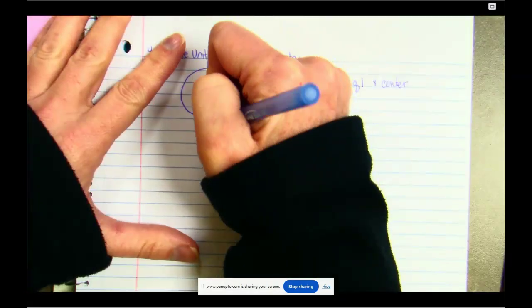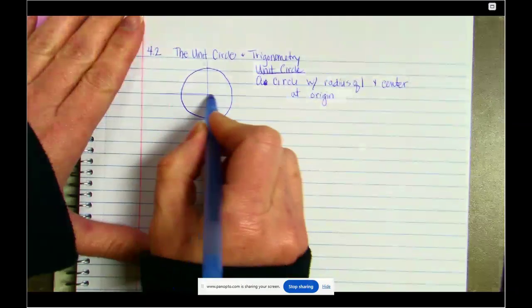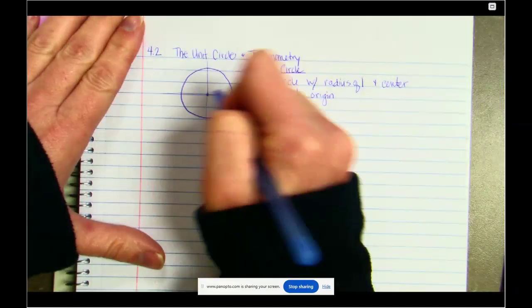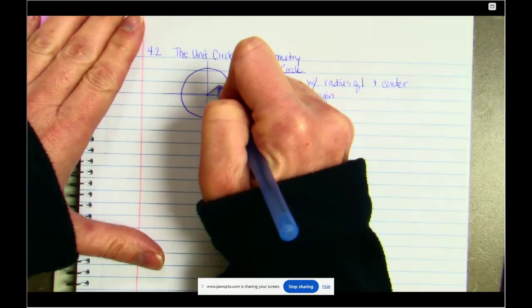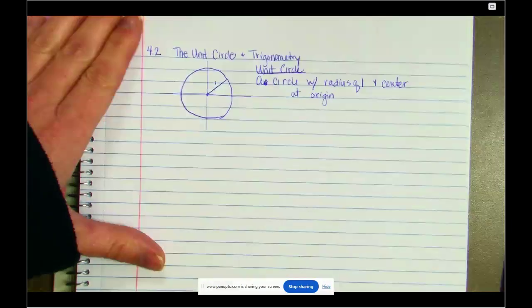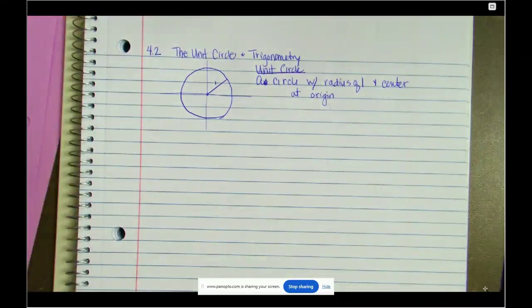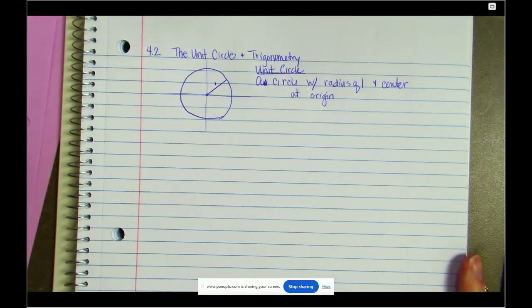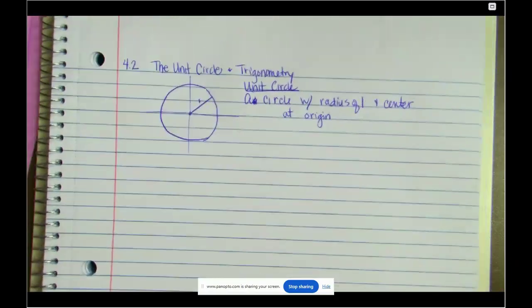So if we pop him on the coordinate plane, he's got the center at the origin, radius of 1. Okay, that's called the unit circle. So the circle that we're going to be filling out is actually a unit circle. You can assume it has a radius of 1.